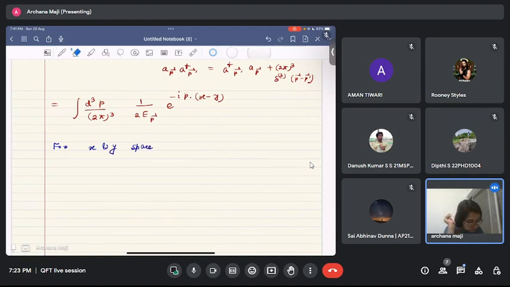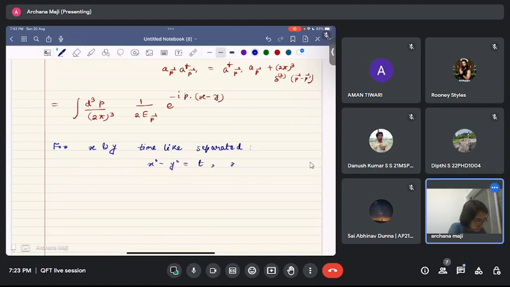So let's also see that for x and y time-like separated, we'll make a particular choice. Let's take x0 minus y0 to be t and x minus y vector to be 0.